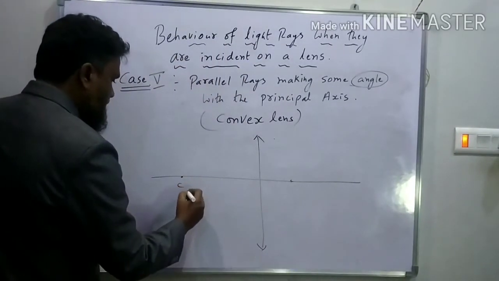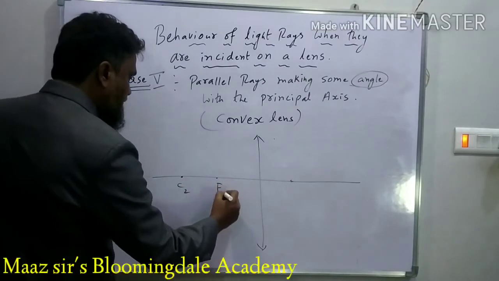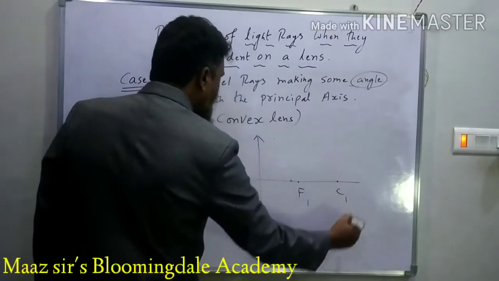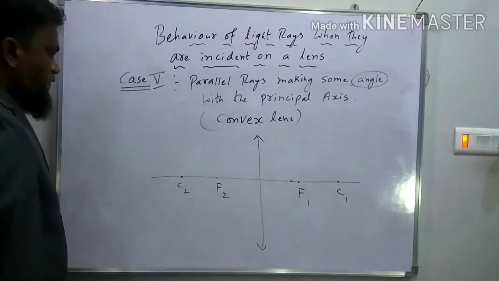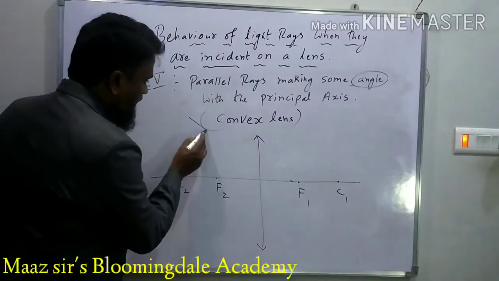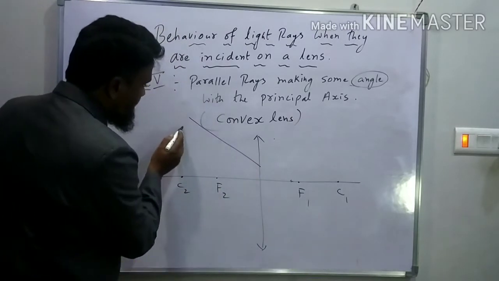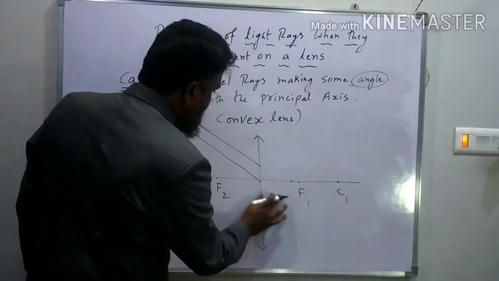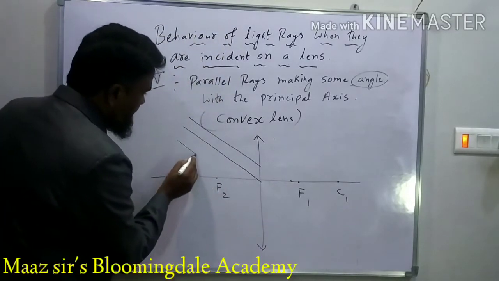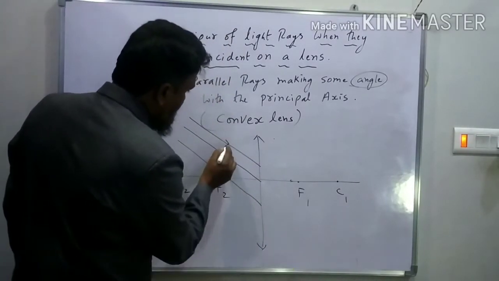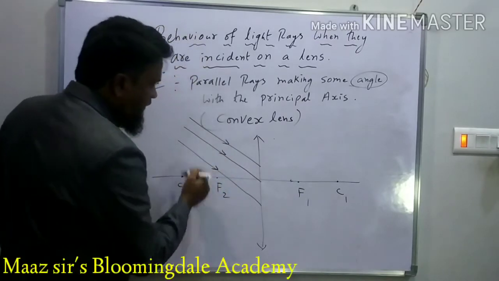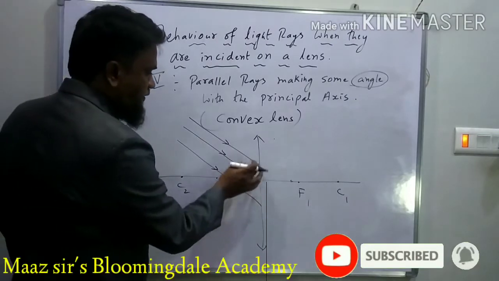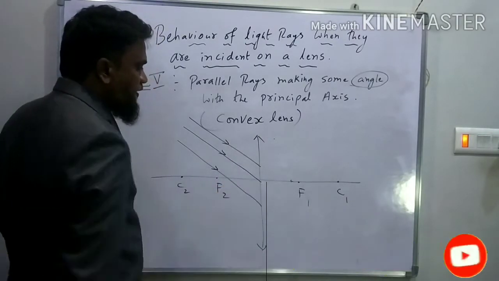This is C2, F2, F1, C1. So what is happening here? The incident rays are parallel. Are they clear? So these are the incident rays. They are parallel and they are making some angle with the principal axis.